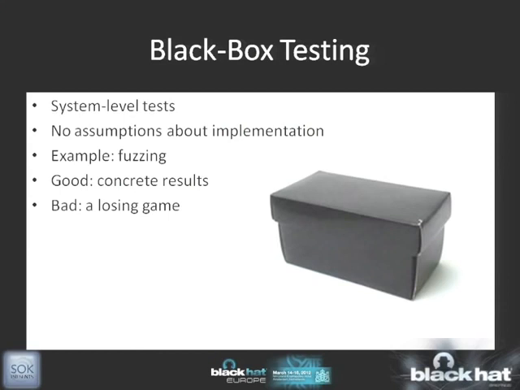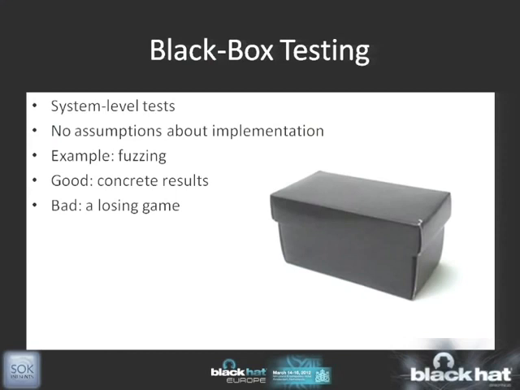A good example is fuzzing, where you send random, well-structured data to the application. Maybe a better example with application security is penetration testing, where you do smarter things, where you look for known vulnerabilities or things that you know can break in the application. So it's more well thought-out attack vectors.